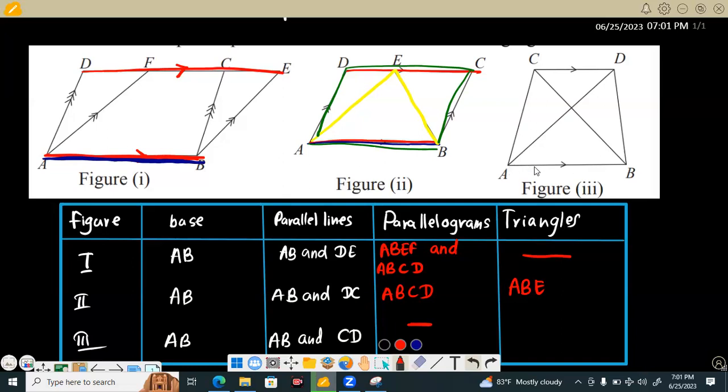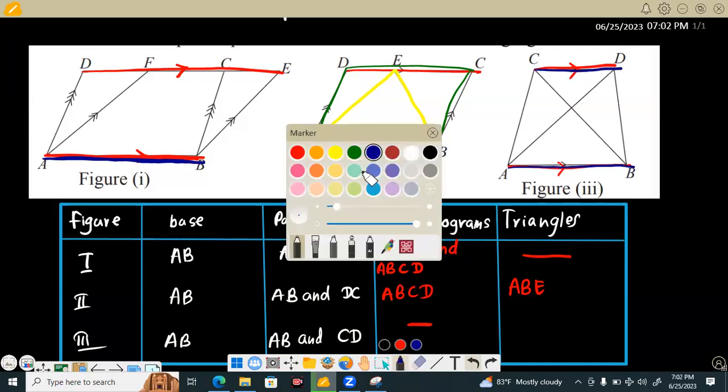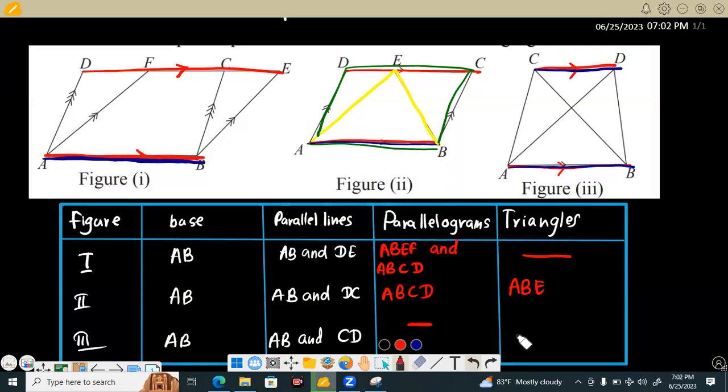If you consider AB as the common base, and the common parallel lines are CD and AB, then what are the two triangles? Can you identify? Yes, ABC. And the other one?